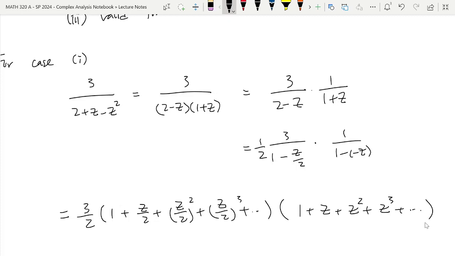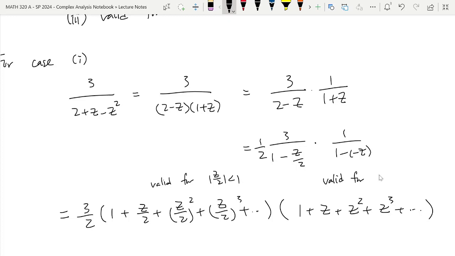And you have 1 plus z squared plus z cubed, and so on. And now I have to do the quick check of validity. This is valid for, I did a substitution quickly, so I'm using the power series for the geometric series with the variable z over 2. And the other one is valid.